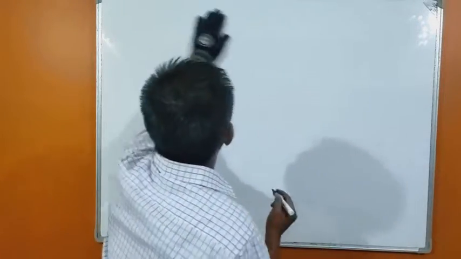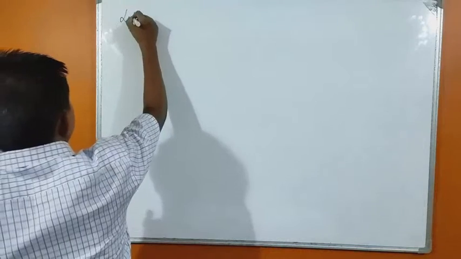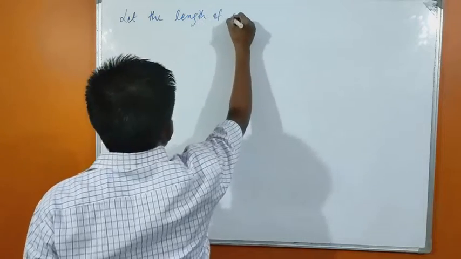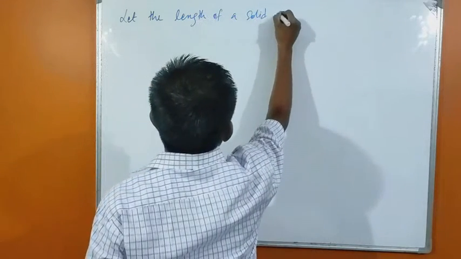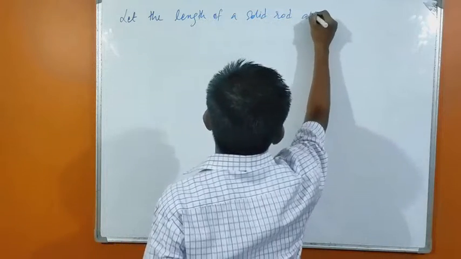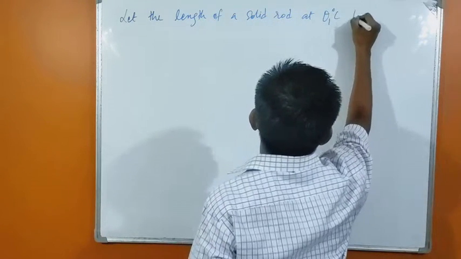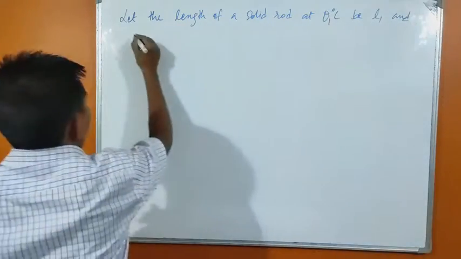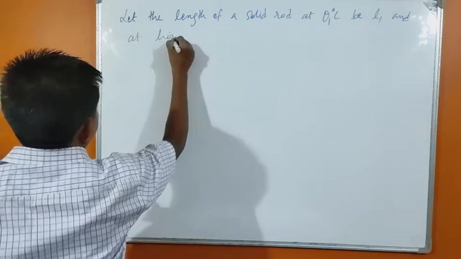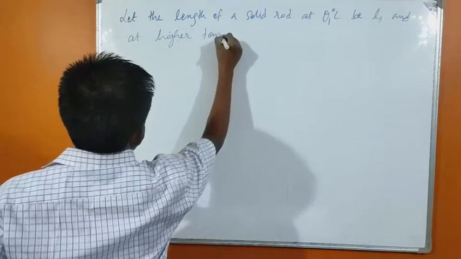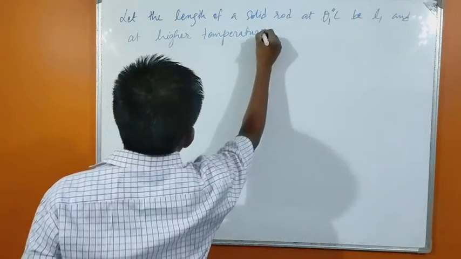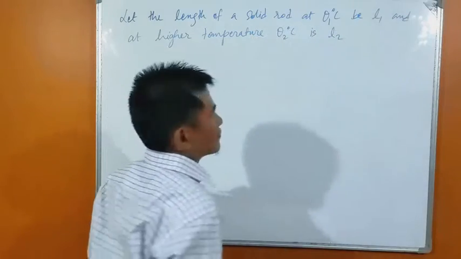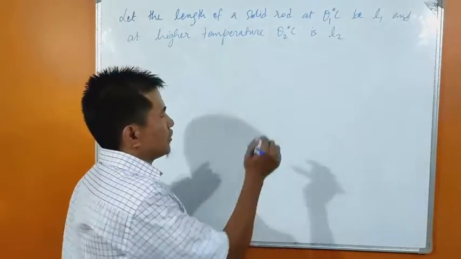Let the length of a solid rod at theta 1 degree Celsius be L1, and at a higher temperature theta 2 degrees Celsius be L2.